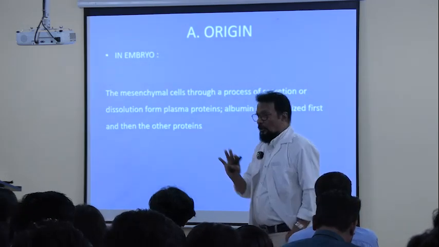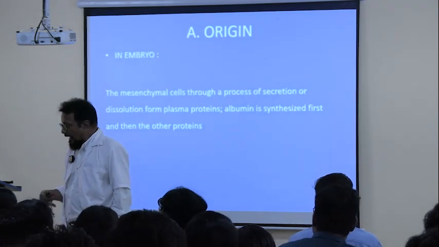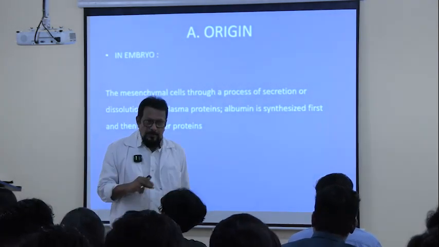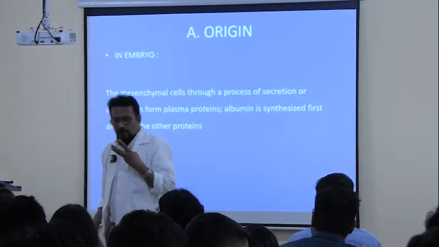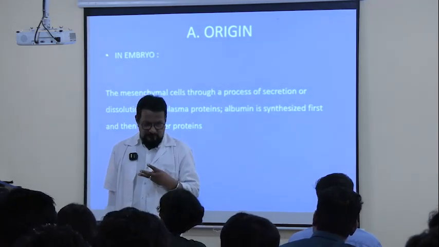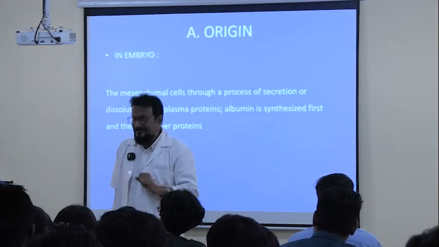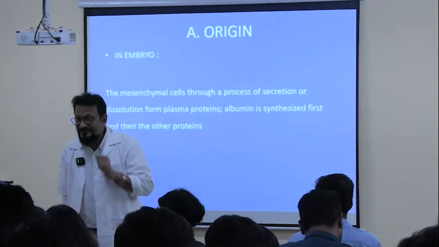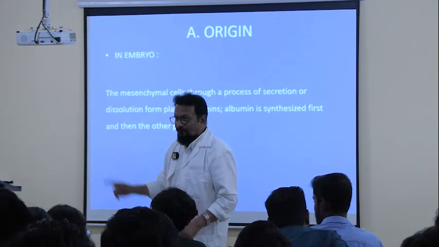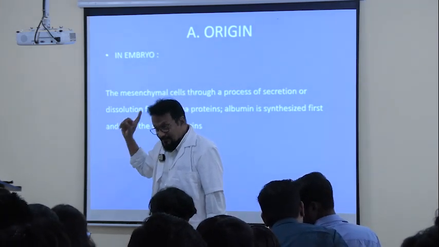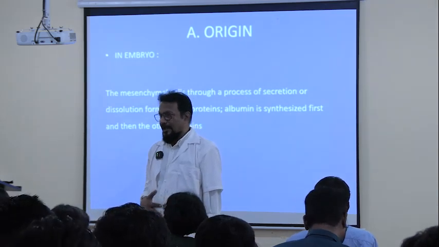So origin we'll study. The origin actually starts when we are at the embryonic stage. So we know the embryo is formed of 3 layers. What are these 3 layers? Ectoderm, endoderm and mesoderm. So it is the mesoderm, which contains mesenchymal cells. These mesenchymal cells are responsible for plasma protein synthesis in the embryonic life.